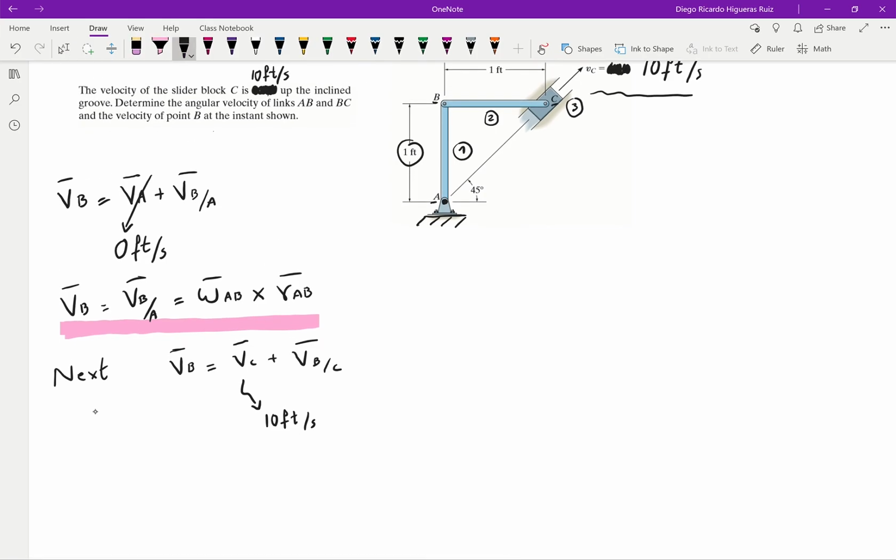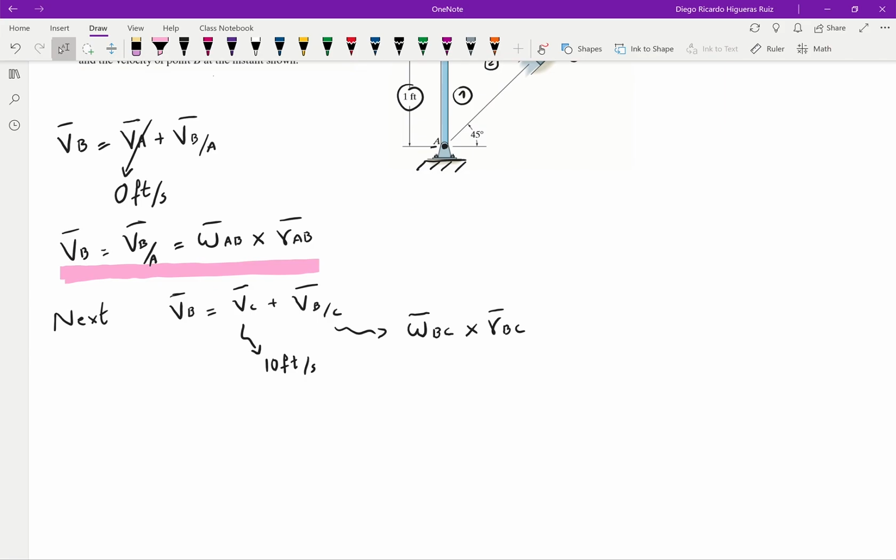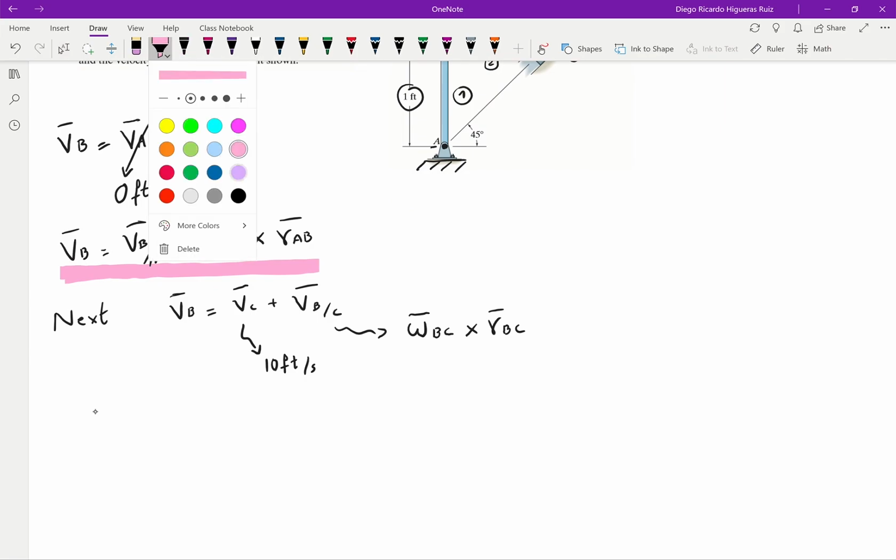We don't know VBC, but we know that that's going to be omega BC cross product RBC. So right now we get this other equation.